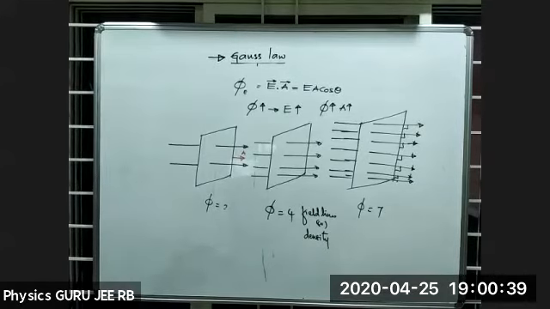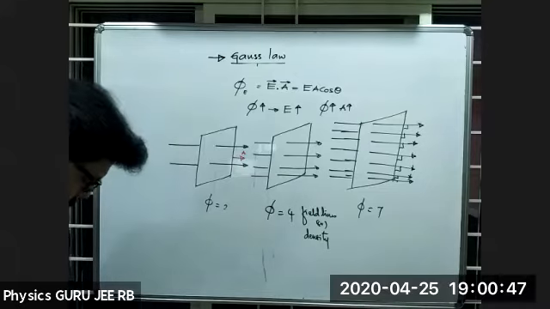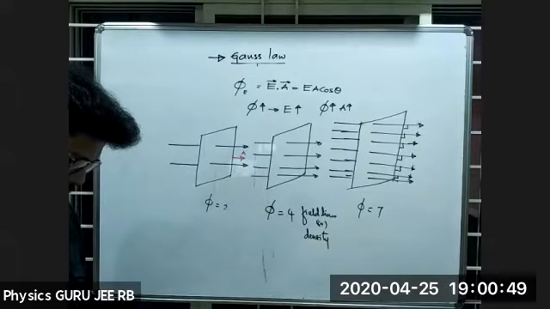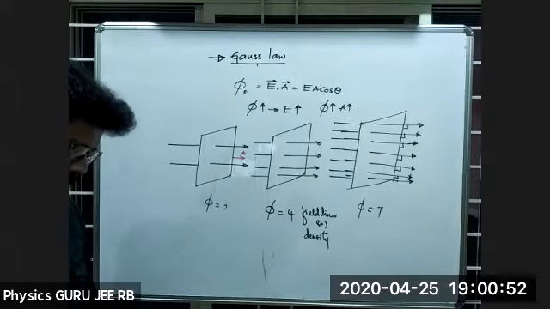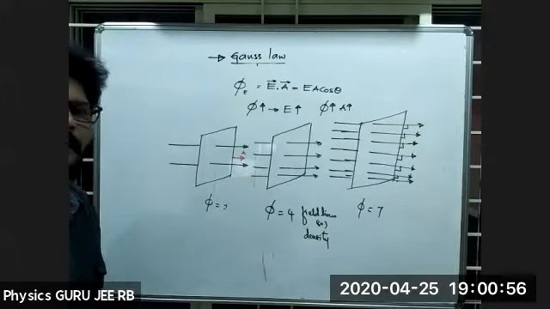So only electric lines along the direction of the area vector will be taken. Then electric flux is the number of electric lines.